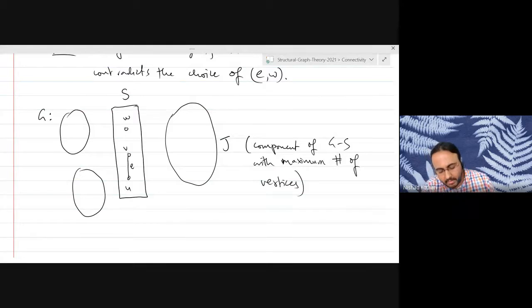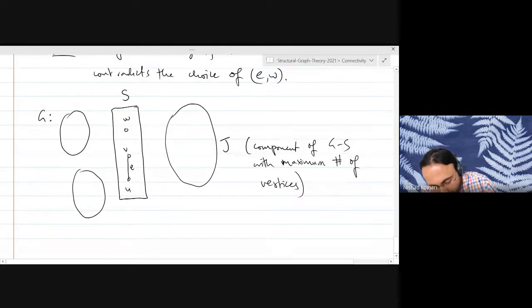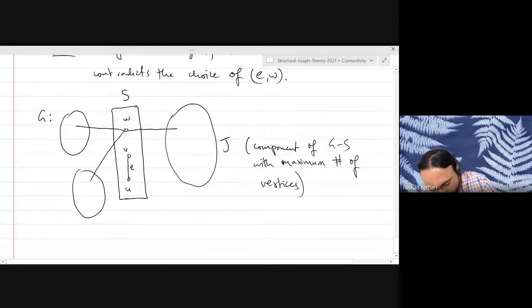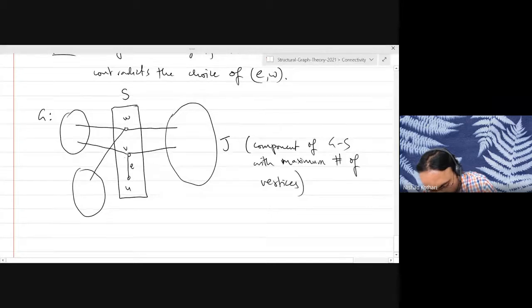Notice that because this is a 3 vertex cut in a 3 connected graph, every vertex in S will have at least one neighbor in all the components. Otherwise, you will get a 2 vertex cut in the graph. That is not difficult to see. So each of these will have at least one neighbor in every component.